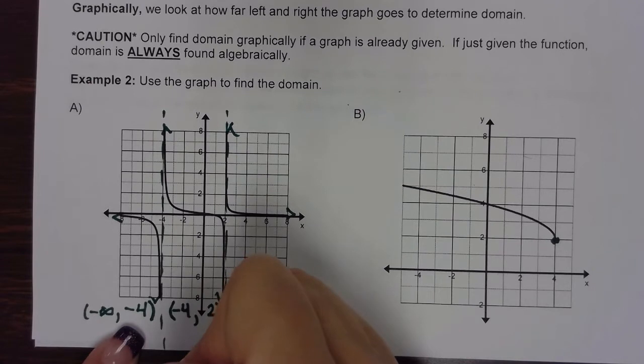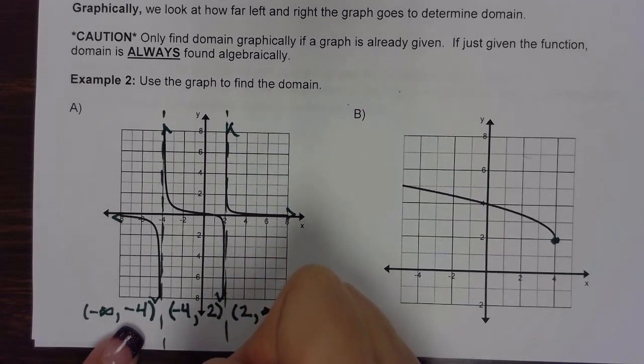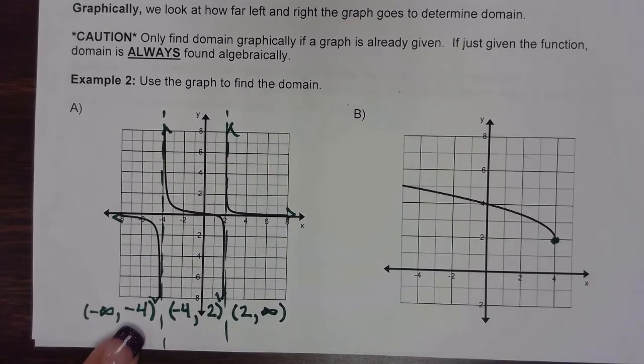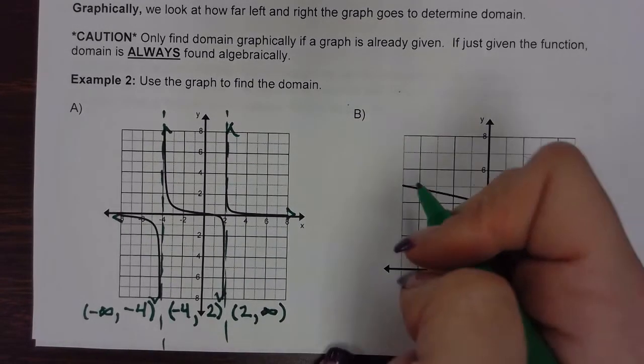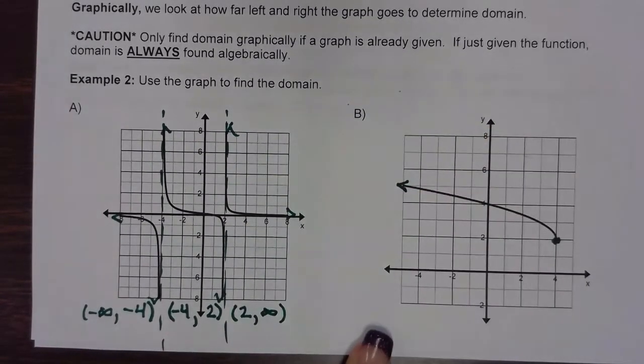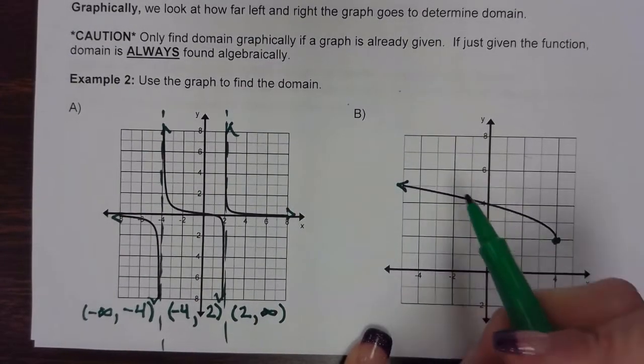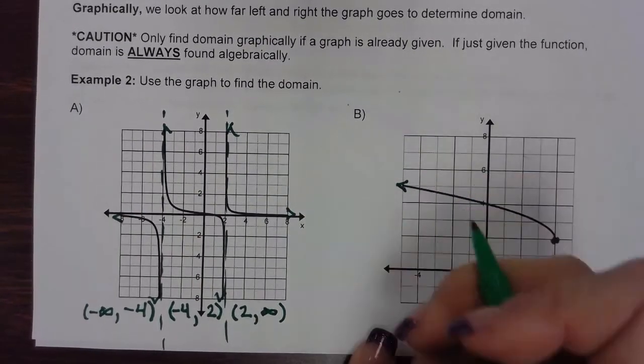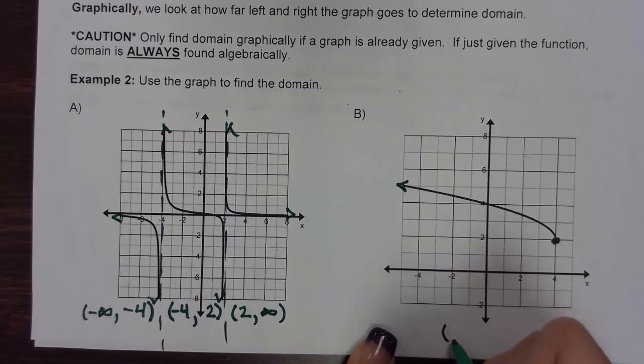And then on the other side of the wall, we keep on going to infinity. Just like on B here, it keeps going, and all the way left means -infinity.